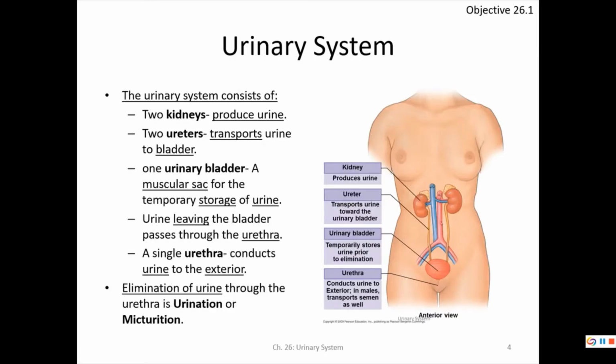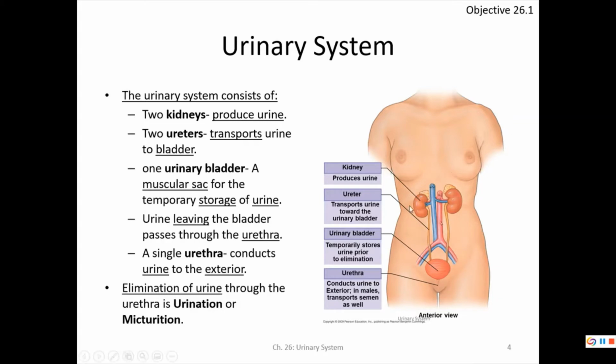Now, here, our urinary system, we just want to basically understand the urinary system is produced by various organs. We have two kidneys, and they are a little asymmetrical in position due to the liver, due to the location of the aorta, due to a variety of things like that, the way it sits in the body.